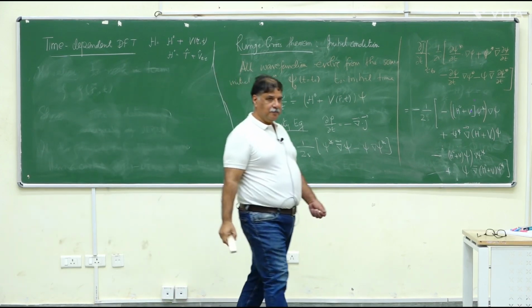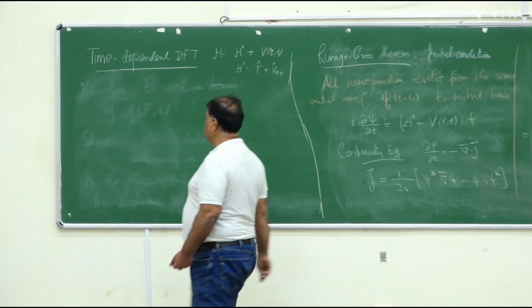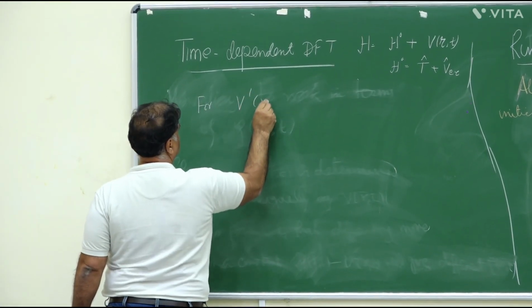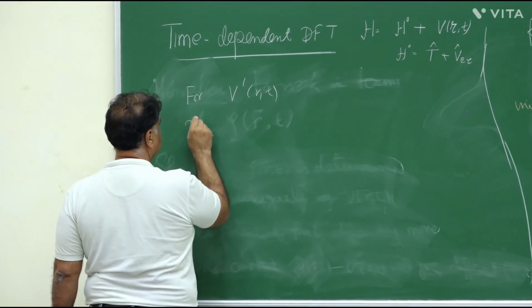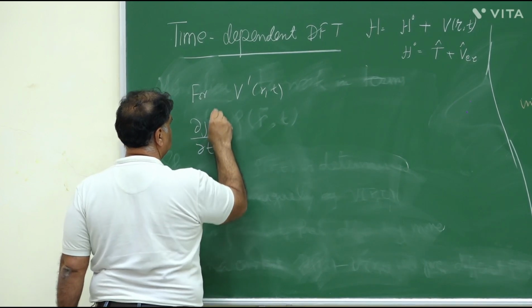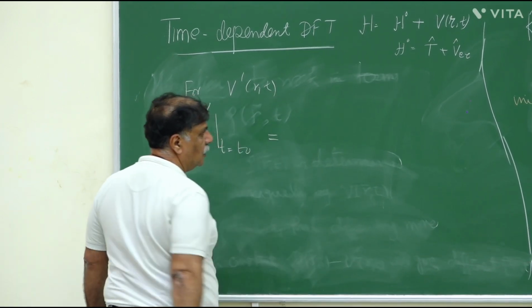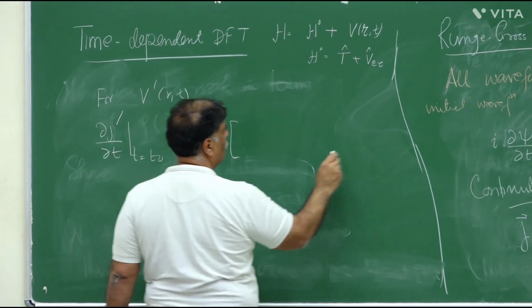That's it. Right? Okay. Now suppose there's a different potential V prime. Suppose for a different potential V prime, I'll have dj dt prime at t equals t0 equals minus 1 over 2.